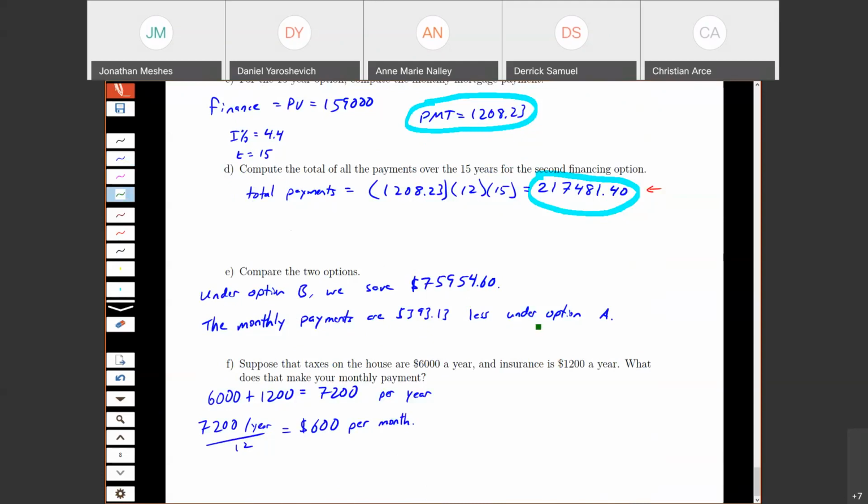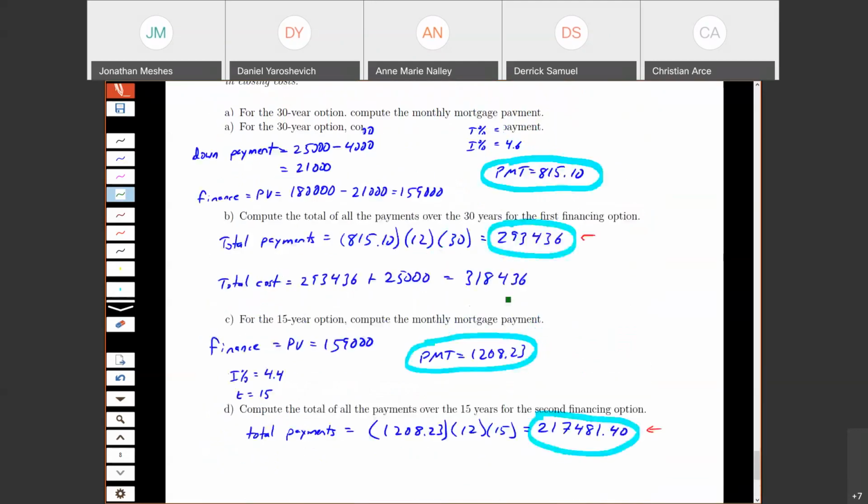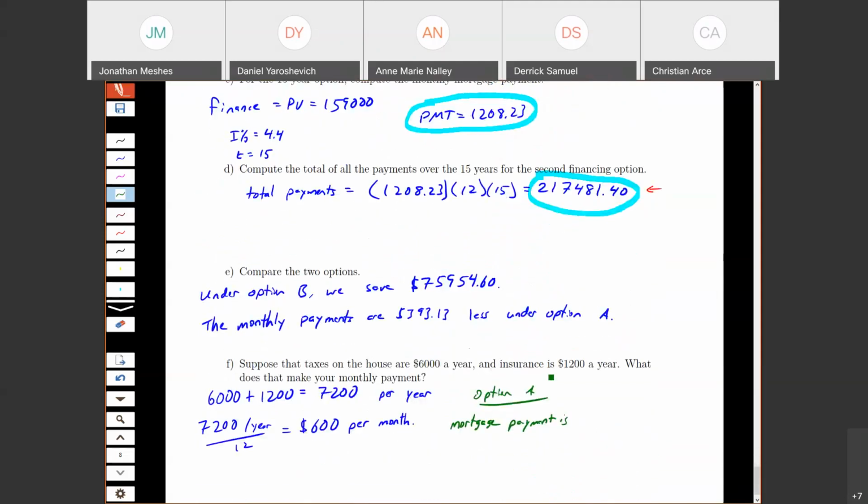Okay, so if I look at option A, my mortgage payment is, we said it was $815.10 plus the $600 that I have to pay to my escrow account. So I'm actually going to pay $1,415.10. Okay.